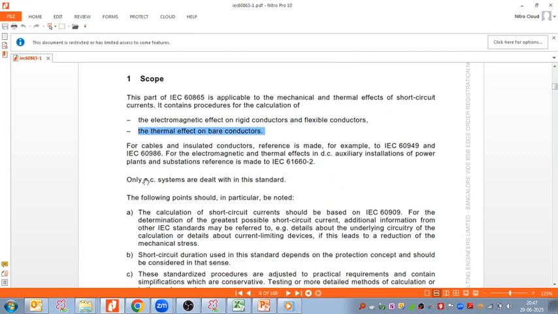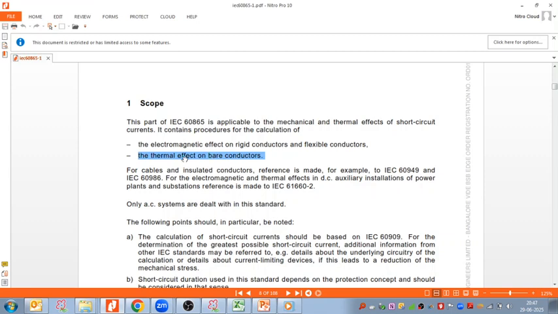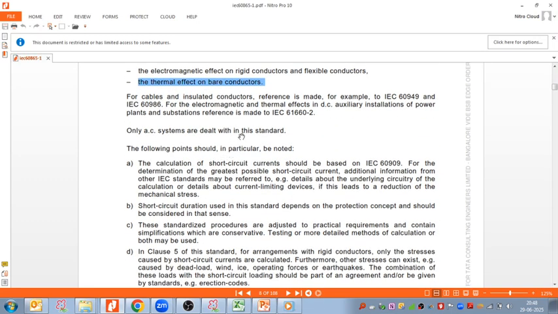For cables and insulated conductors, reference is made to, for example, IEC 60949 and 60986. But for rigid conductors, flexible conductors and bare conductors, this IEC is applicable. Only AC systems are dealt with within this standard.